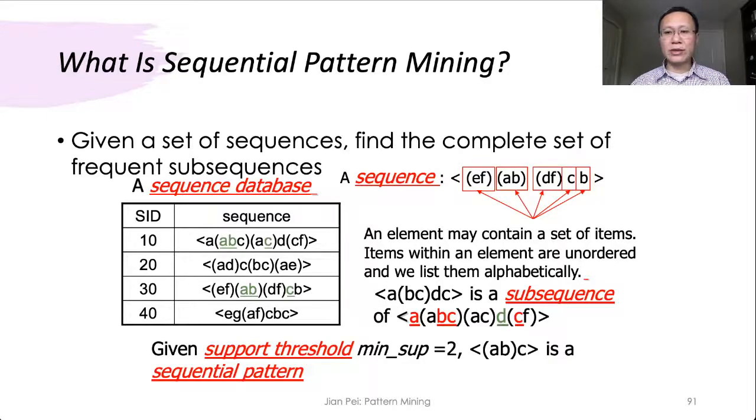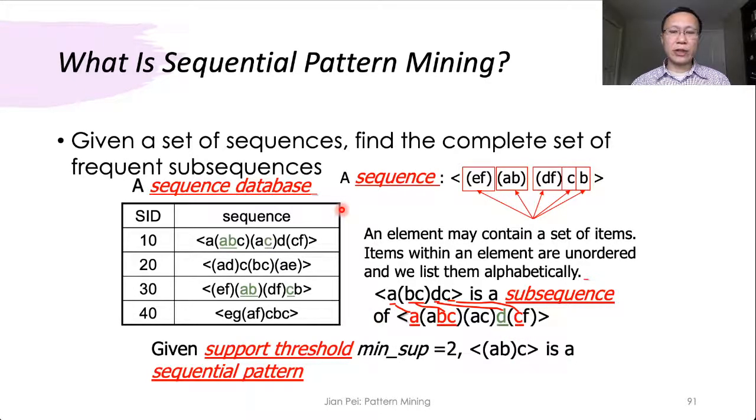If we have two sequences like this one and this one, we can see this A matches this A, this BC matches this BC, this D matches this D, and this C matches this C. Therefore, we say the sequence A, B, C, D, C is a subsequence of A, ABC, AC, D, CF.